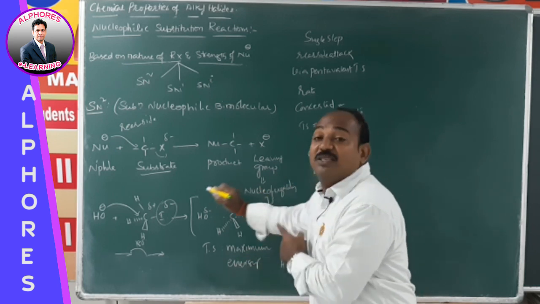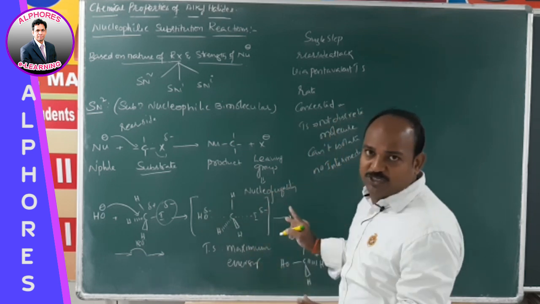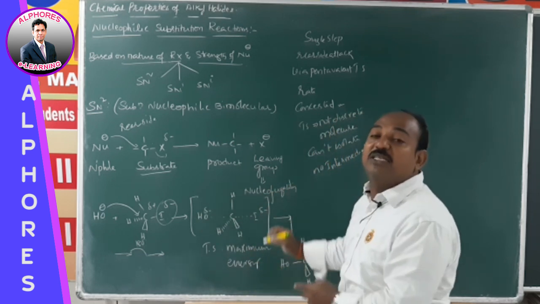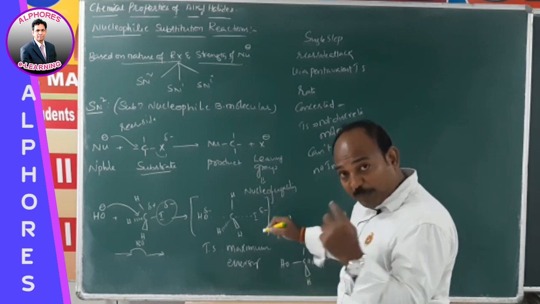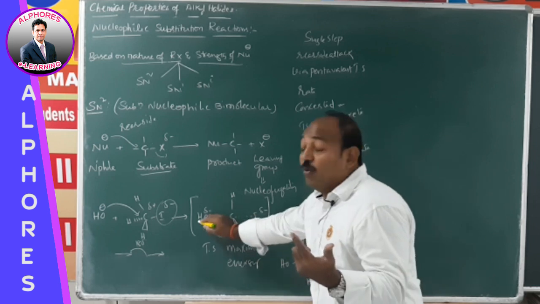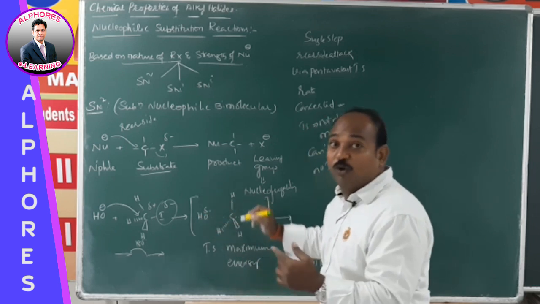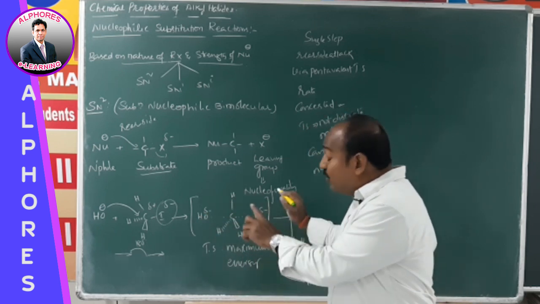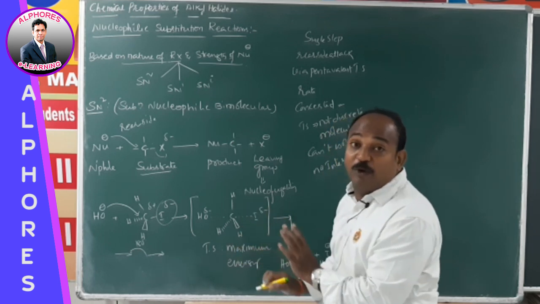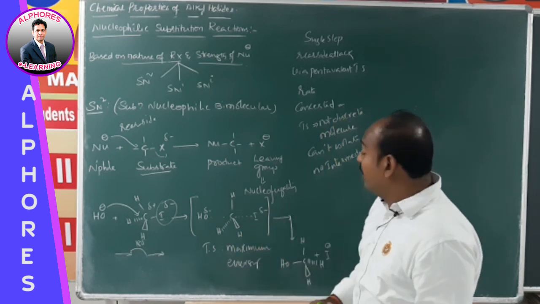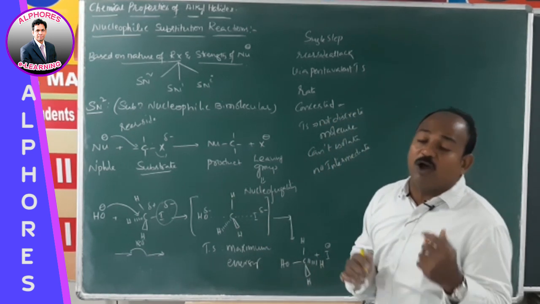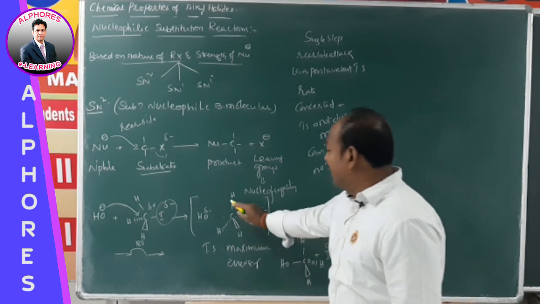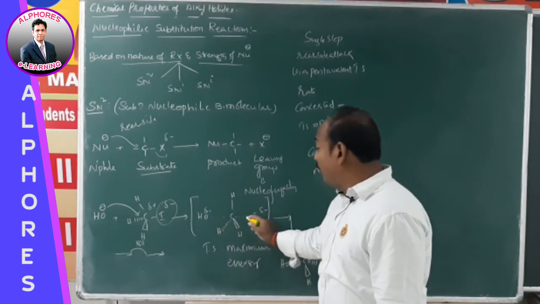Ultimately this transition state possesses only partial negative charge upon the leaving group, iodine, and partial negative charge on the OH group, the attacking nucleophile. It does not bear any positive charge. Now if you observe, around carbon how many bonds are there? 1, 2, 3, 4, 5.